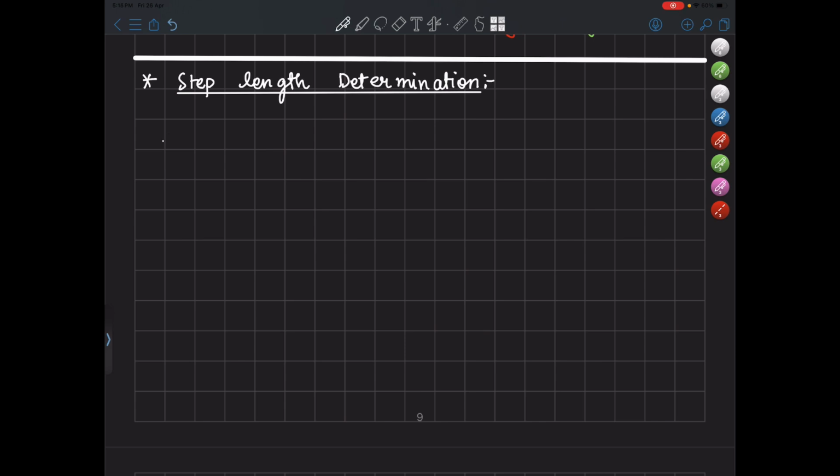The first one is exact line search. It's called exact line search. We'll define what it is.